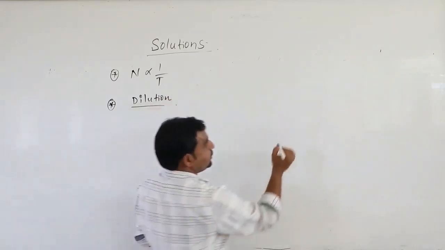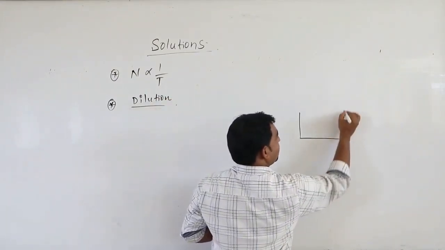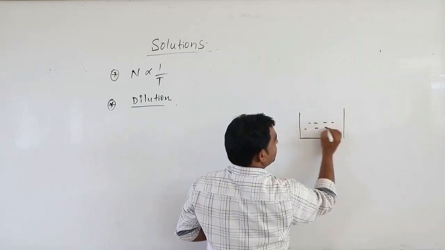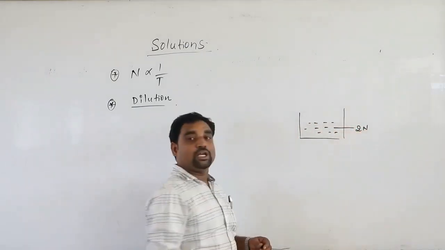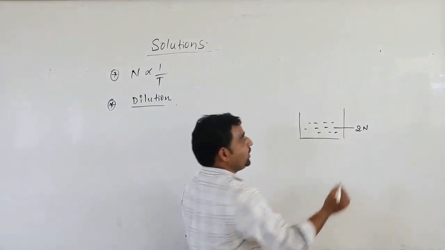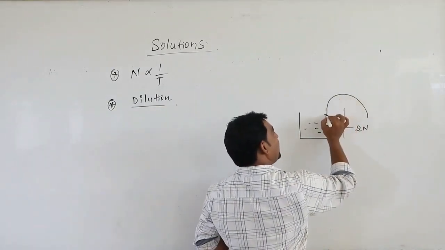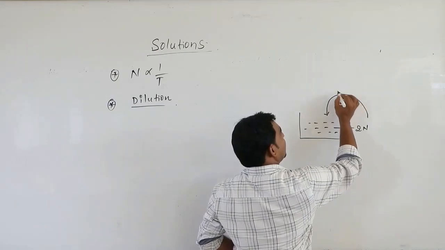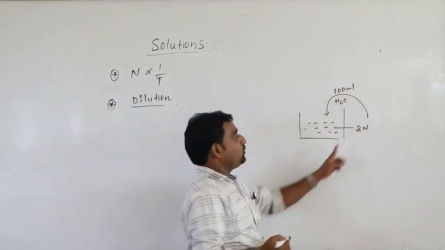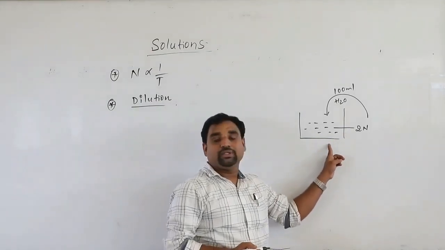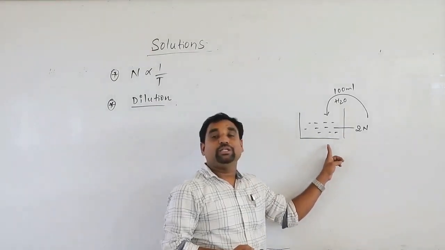Say the solution has a normality of two. If you dilute the solution by adding water, for example 100 ml of water, to the two normality solution, obviously the normality of the solution will change.